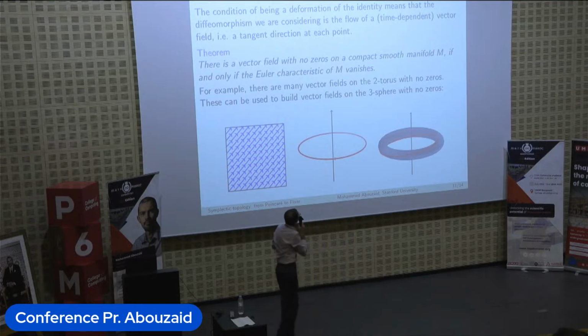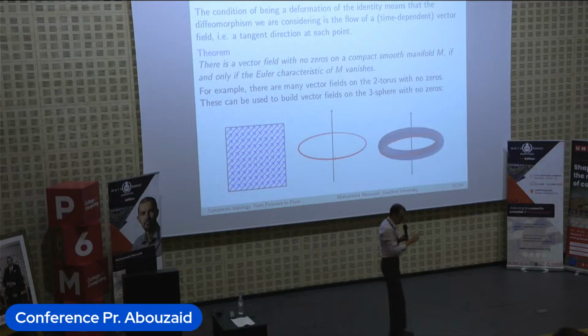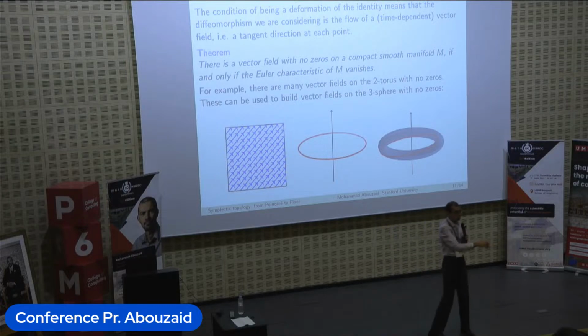There is a very well understood theory for how to think about these. You can think of them in terms of vector fields. A vector field on a manifold gives at every point a tangent direction, and if I have a tangent direction at every point, I can follow it, and I will obtain a map from this manifold to itself.